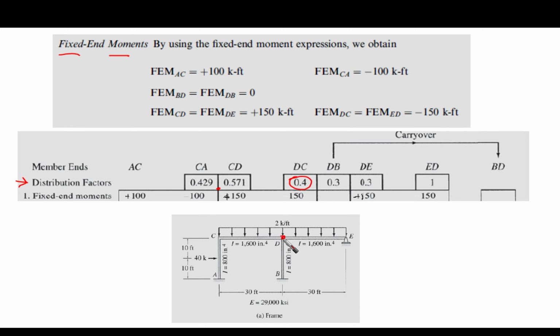And then DB, which is 0.3. And then we have DE, which is 0.3. Okay, so we have 3 distribution factors. And then at ED, we are going to have only 1, which is the distribution factor at point E. And for point C, as we said, we have 2 distribution factors, 0.429 and 0.571. Okay, now these are the distribution factors that we've got.